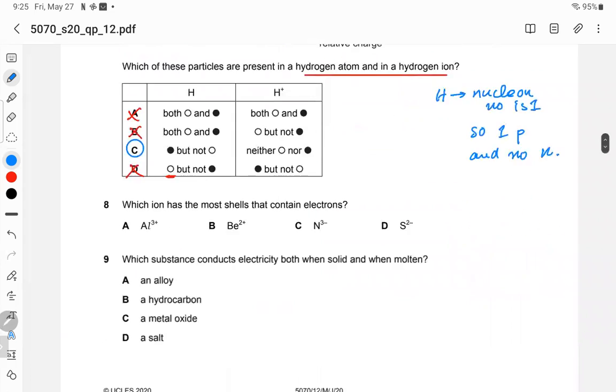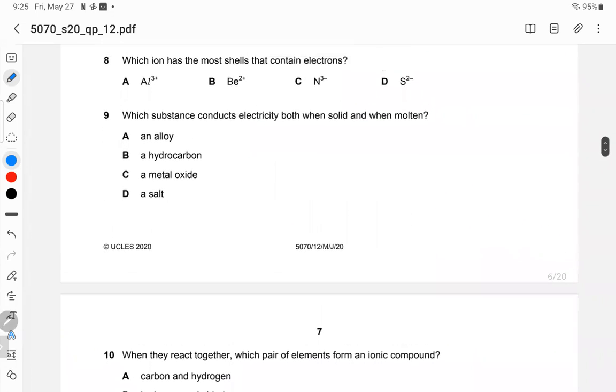Yes, sir. Okay, now which ion has the most shells that contain electrons? So we have to figure it out.